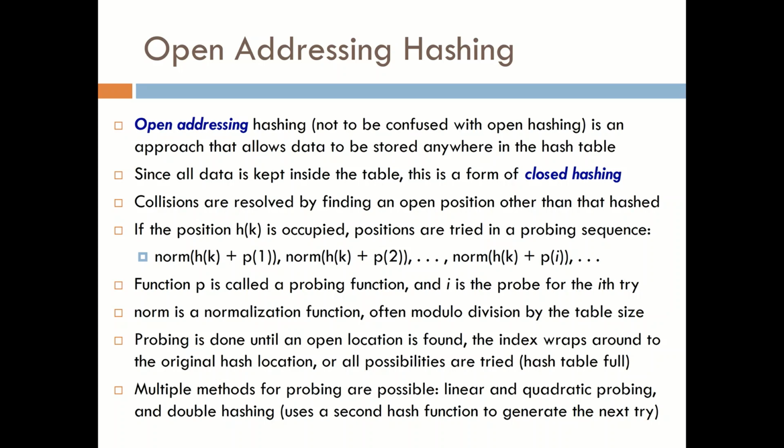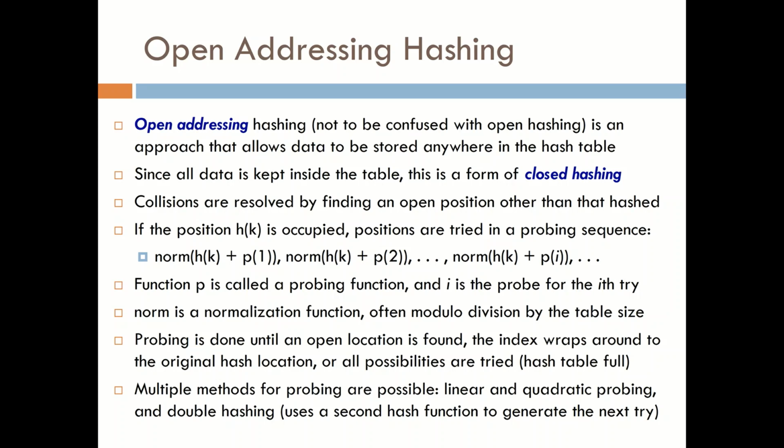What linear probing means is that if we hash our key k and apply the hash function to it, and there is already a data item at that location, we obviously cannot store two data items in the same location, and so we will begin by adding a probe to h of k, and then we will normalize that sum, the sum of the original h of k plus the ith probe.